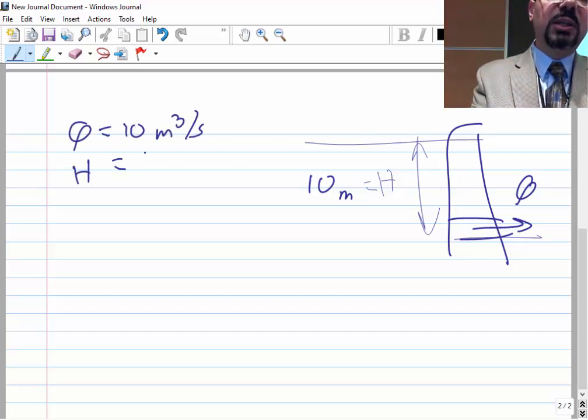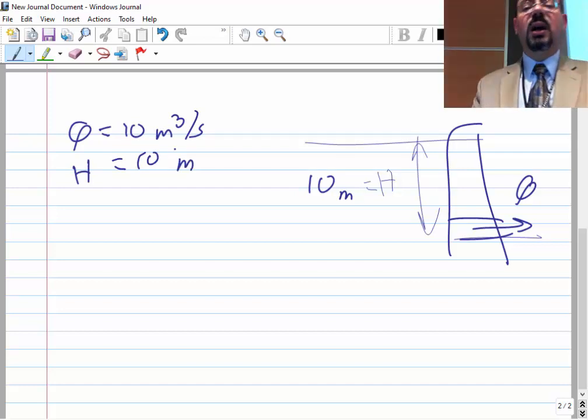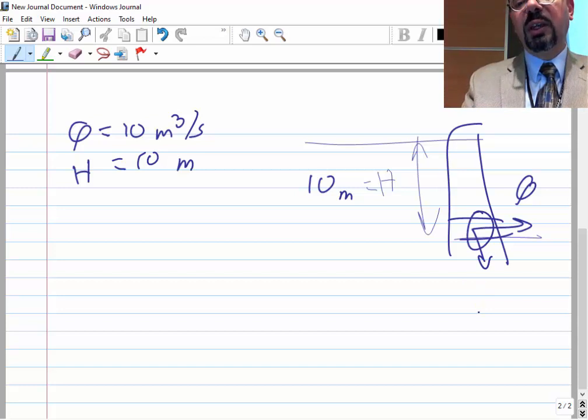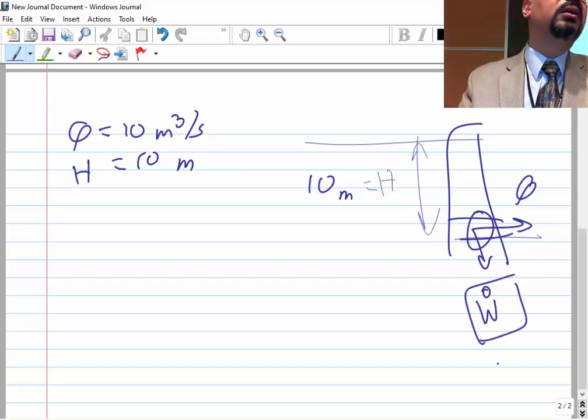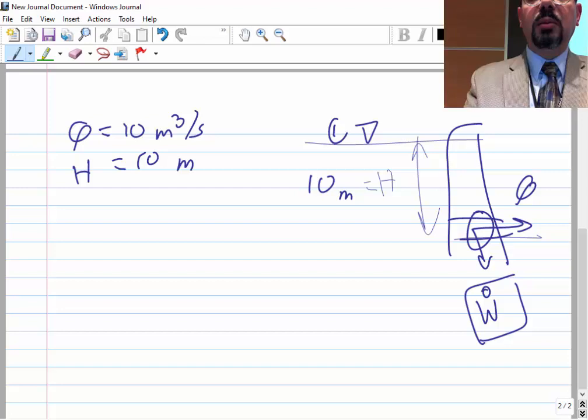What is the ideal power that you can get if you put a turbine over here? How much power would you dream of getting? What would we do? We'll apply the Bernoulli equation between 1 and 2.